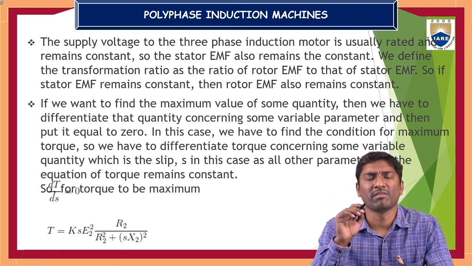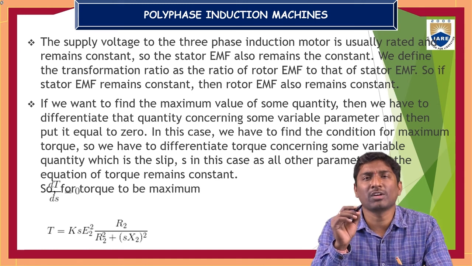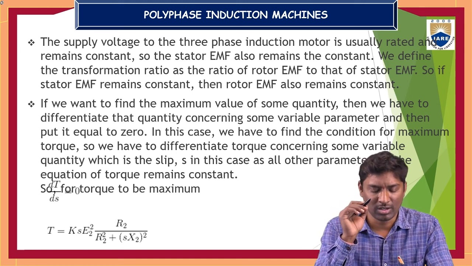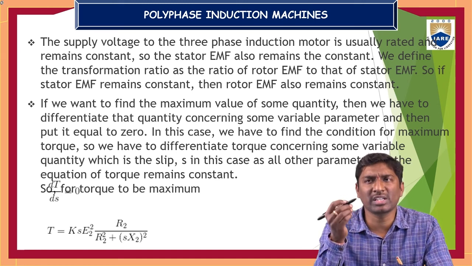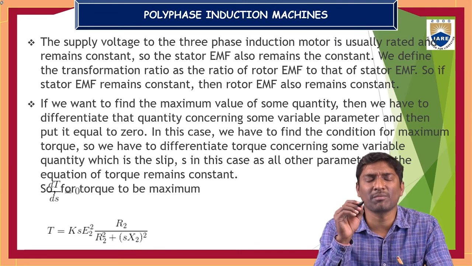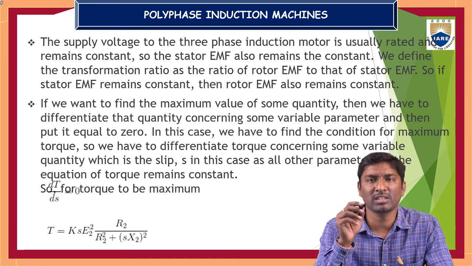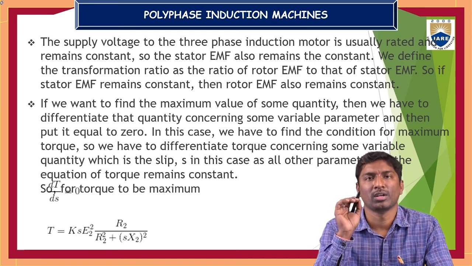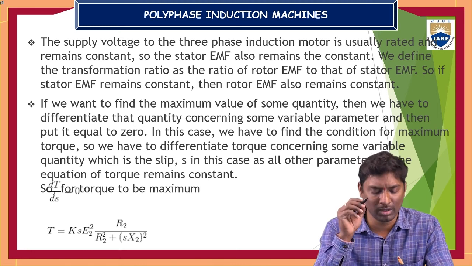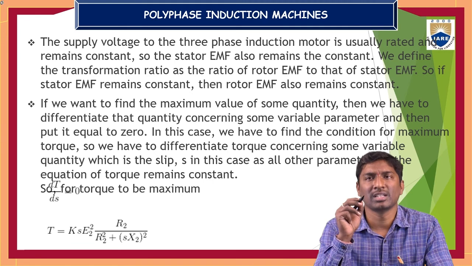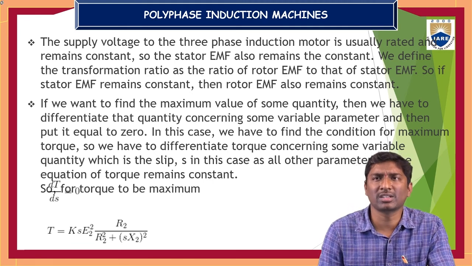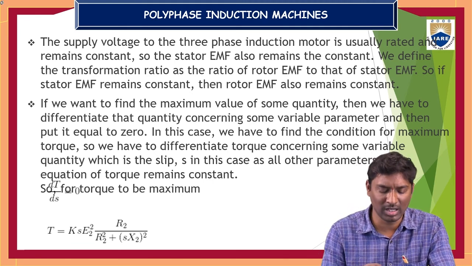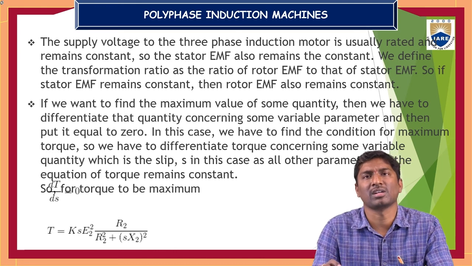In this case, we have to find the condition for maximum torque, so we differentiate the torque with respect to the slip S. All other parameters in the torque equation remain constant.